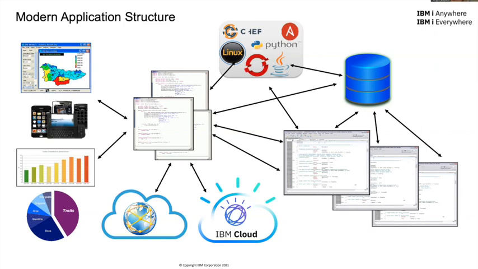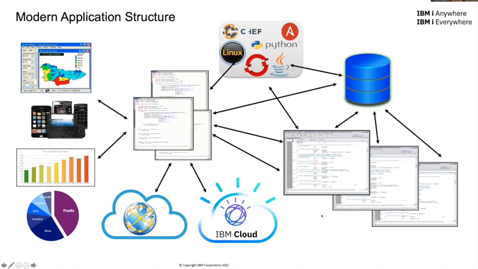So for example, if you were moving from a green screen interface into the world of a graphical interface, like on the left-hand side of my chart, you might choose to do that with open source. And so I've got open source components that we can tie in. On top of that, we can reach out to the IBM cloud or to the cloud in general, or perhaps even to a partition that's running side by side.